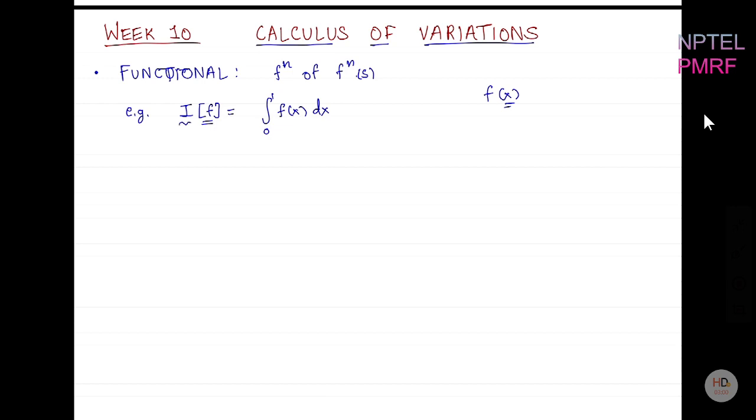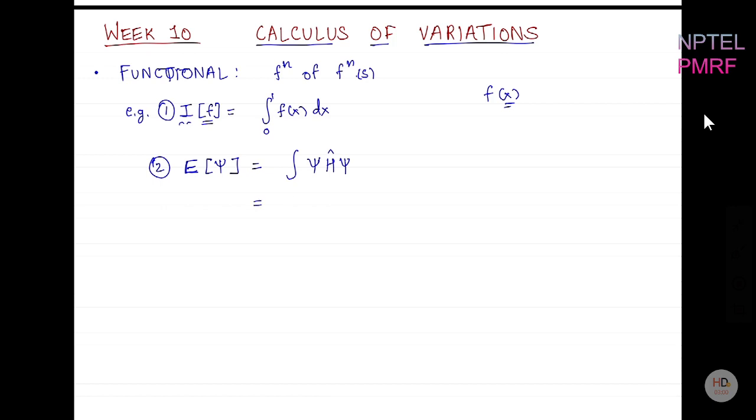Another example which all of us are very familiar with because we have done quantum mechanics is the expectation of any operator, let's say energy, where energy is a functional of its wave function. So given a wave function, we can calculate the expectation of the Hamiltonian, psi H psi.